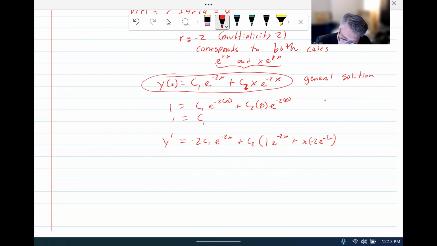Okay, if I plug in 0, y prime of 0, they're telling me that that's 4.